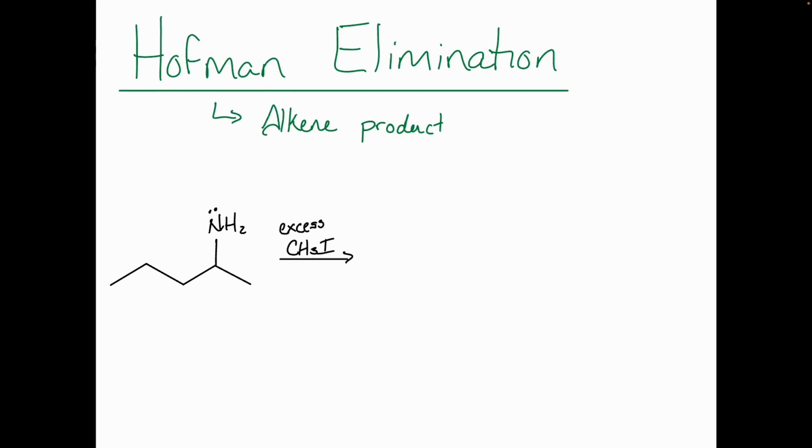We're going to use the iodine compound because the iodide is the best leaving group of all the halogens. So it'll just really efficiently form that quaternary ammonium salt. All right, so we'll stick 3 methyl groups on that nitrogen. And since it's got a positive charge, it's got that iodide counterion.